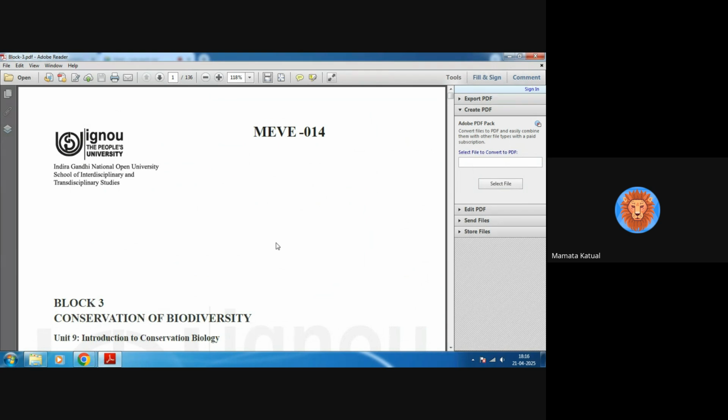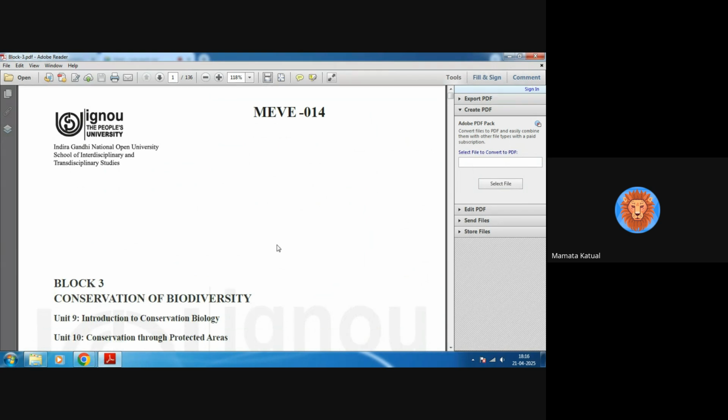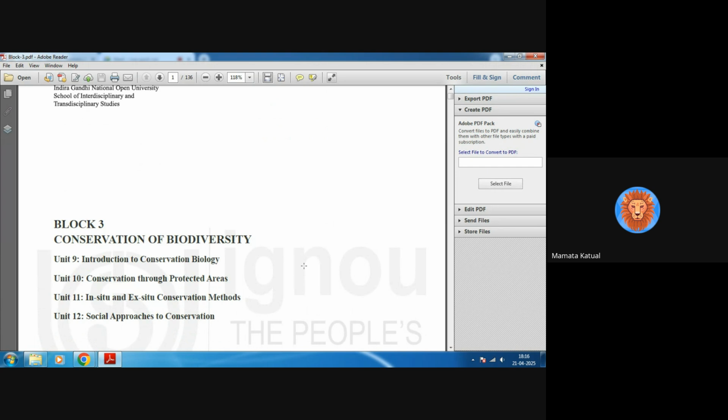Today we shall start Block 3, Conservation of Biodiversity, and it has 4 units: Unit 9, Unit 10, Unit 11, and Unit 12.